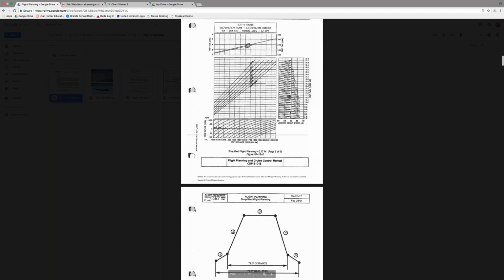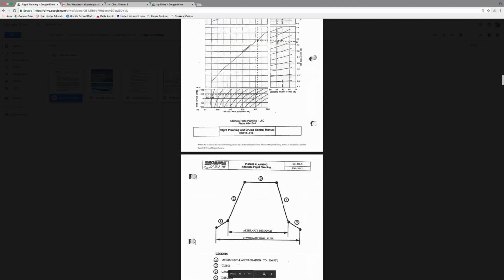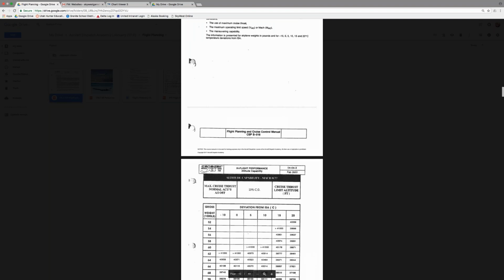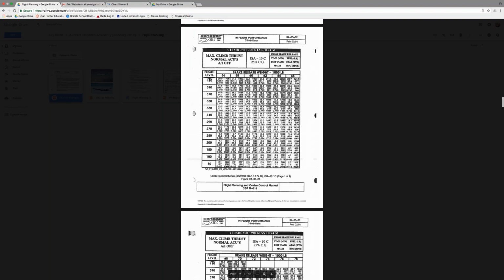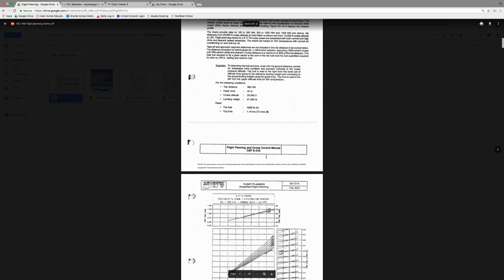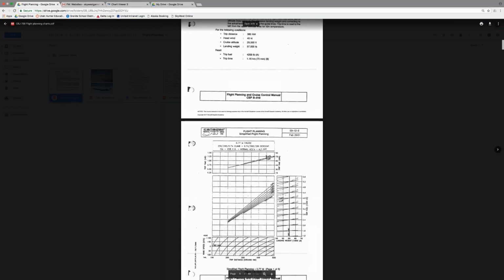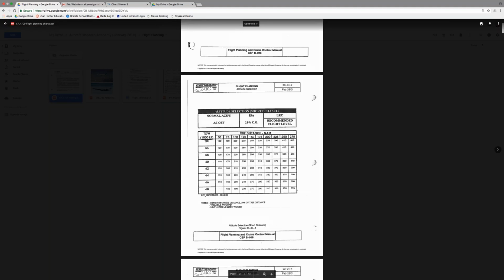Well, now you guys know how to find out your stab trim setting. I don't know what I was thinking there. Where is our flap setting?